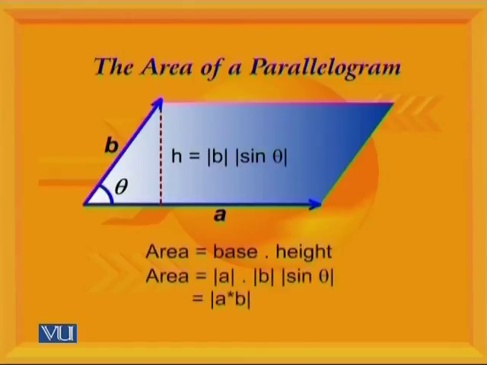Area of the parallelogram is equal to base into height. Base is the magnitude of a and height is magnitude of b into sin theta. So this area will be equal to magnitude of a into magnitude of b into sin theta. And we know this is the magnitude of the cross product of the vectors A and B. So in this way we can find the area of a parallelogram.